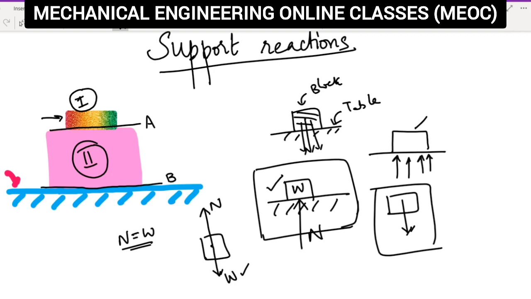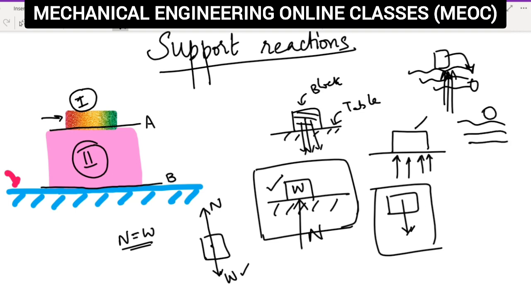Because there is a reaction from the support, that particular support is called a support, otherwise it is not a support. If I am keeping a stone in water, this water is not in a position to give a normal reaction enough for this particular stone not to get dipped into the water. Whenever you put a stone into water, it will go inside, because the normal reaction from the water is not enough to stop the weight of the stone on the surface of water.